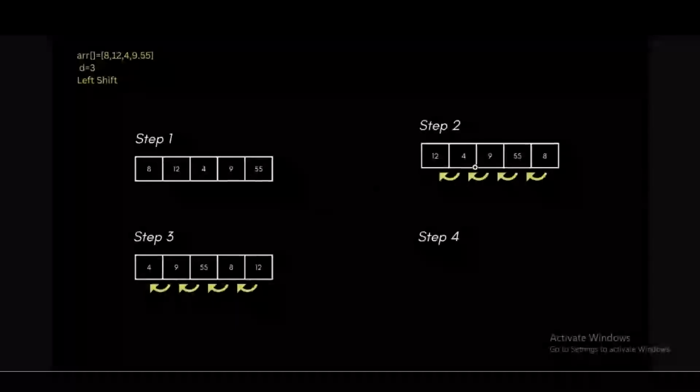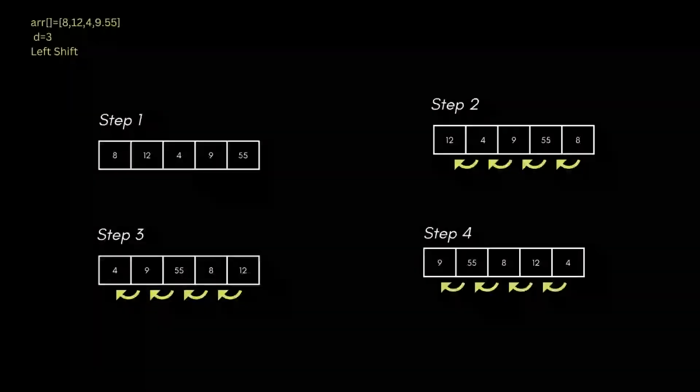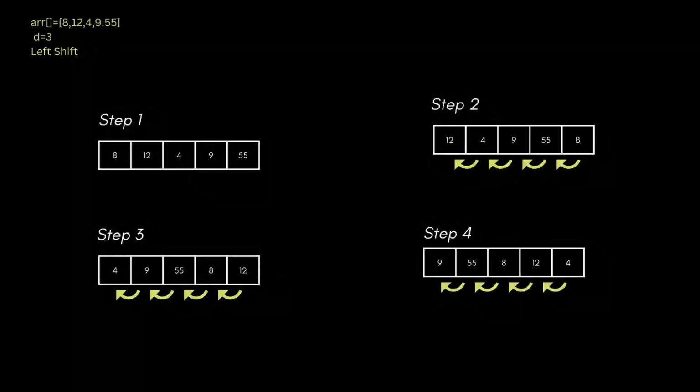If we perform the first rotation, our 8 will get the last position, our 12 will get the first position, 4 will get the second position, and 9 will get the third position. Similarly, if we perform another rotation, our 12 will get the last position and 4 will get the first position. And if we perform this left rotation one more time, we will get our final output.